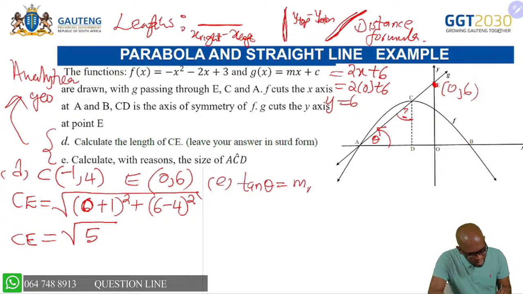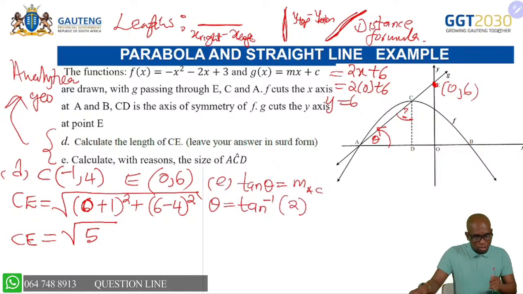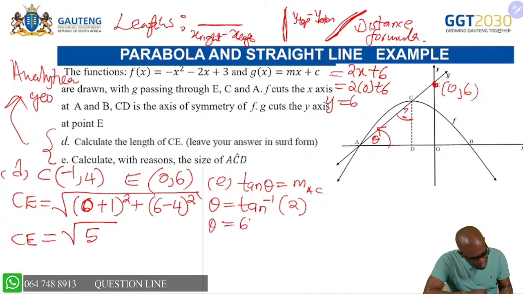I can take it as AC or AE. What is the gradient of the line? The gradient is 2, so the angle theta would be the arctangent of 2. From the calculator, we get 63.43. So theta is 63.43.